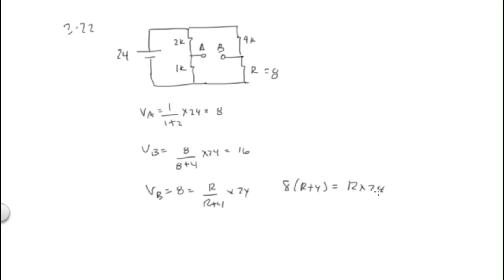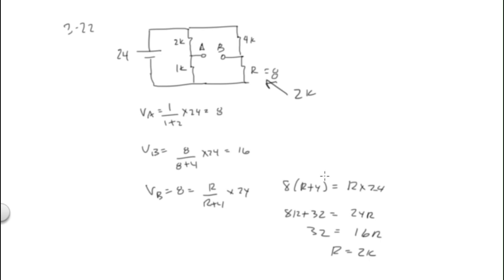R times 24, okay? 8 times R plus 4, or 8R plus 32 is equal to 24R. So I have 16R on the right, I have 32 on the left, R is equal to 2K. So if I had R equal to 2K up here, I would have a VAB of 0. So that's a story problem.